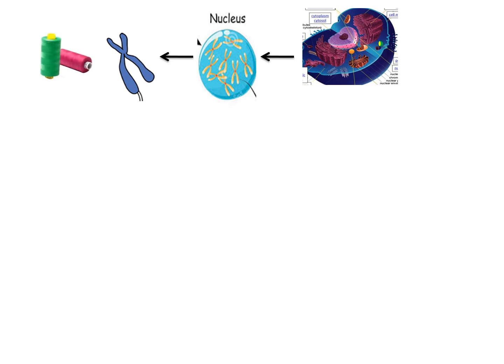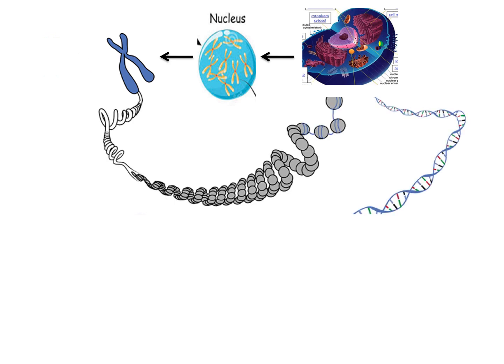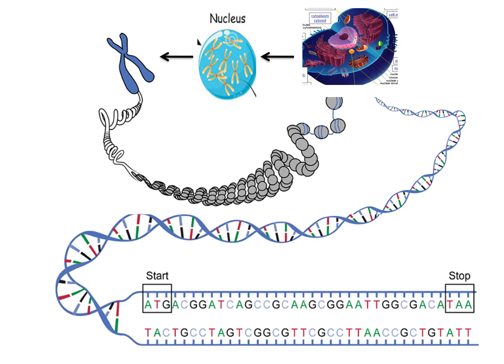Here the bundle is a chromosome and the single thread in it is the DNA. Similarly, if I try to look at the chromosome, it's nothing but a long strand of DNA. And what is DNA? It is nothing but the nucleotides which have come together to form messages or segments on the DNA.